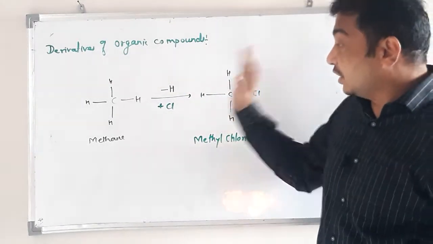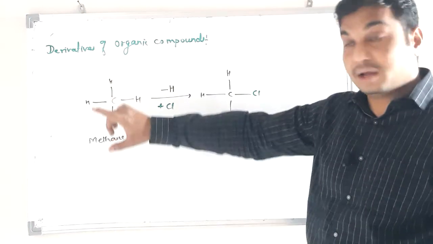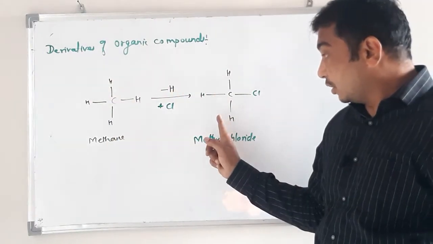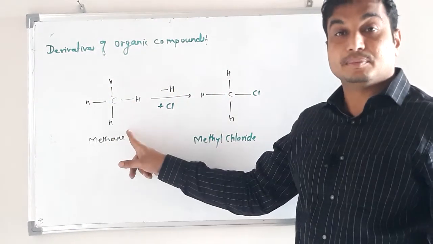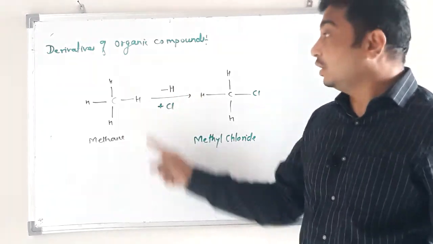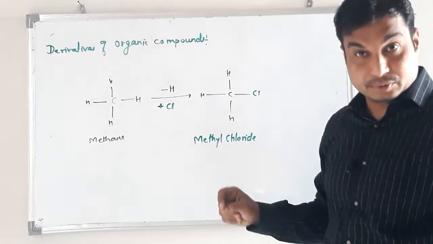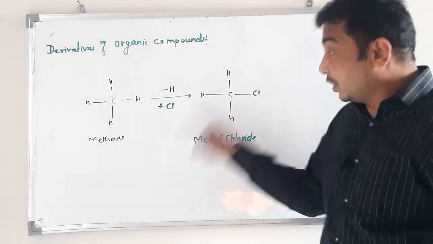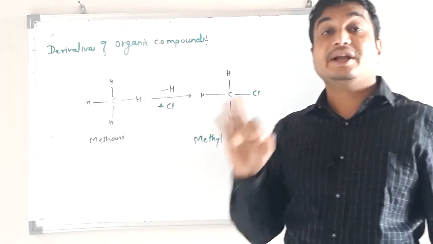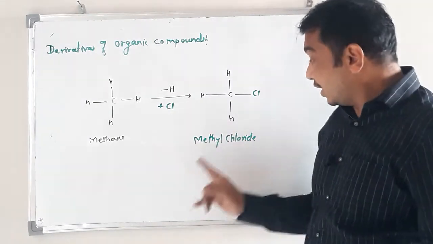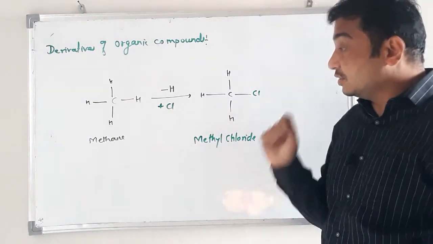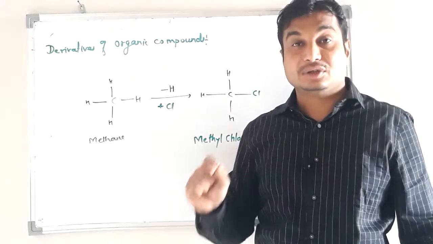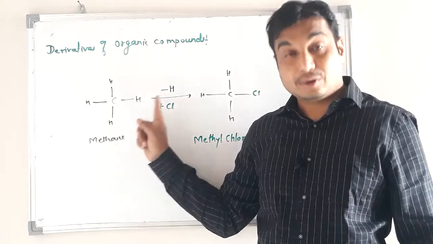Methyl chloride is a derivative of methane, or methyl chloride is derived from methane. Okay, this is the meaning of derivative of an organic compound. And how have we obtained this methyl chloride from methane? Just by replacing one hydrogen atom by chlorine.